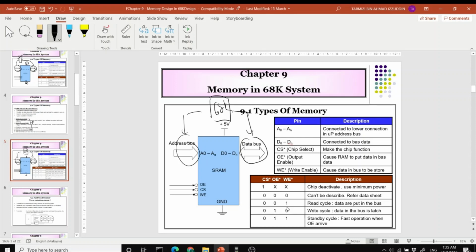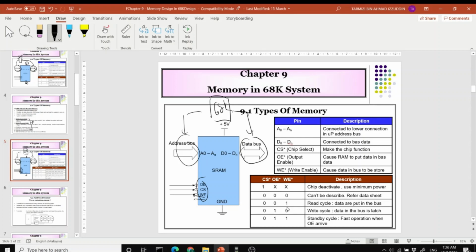And then we have all of these pins here. The main difference between your ROM and your RAM is this part here, the write enable pin. So we have the output enable pin, the chip select pin, and lastly this write enable pin.